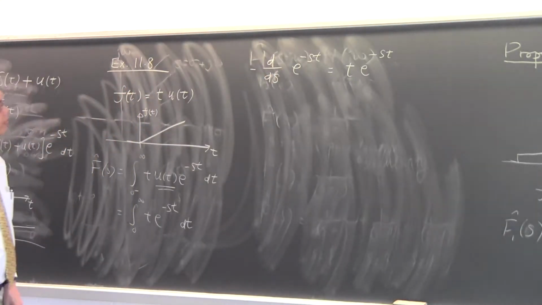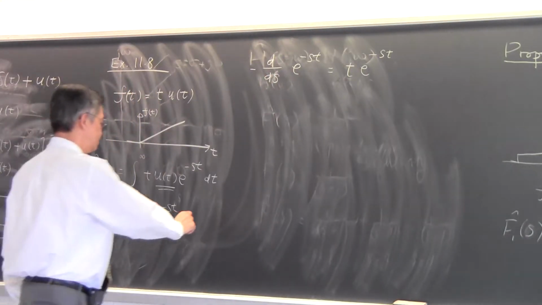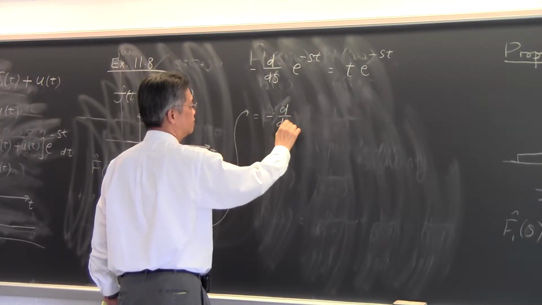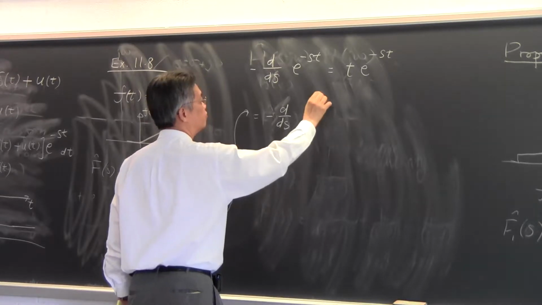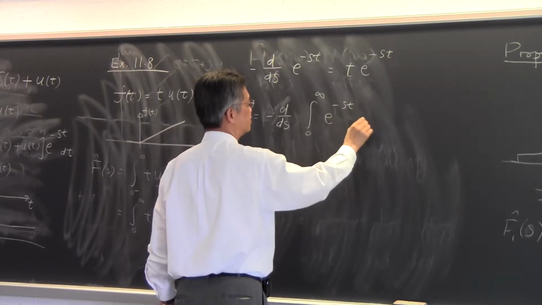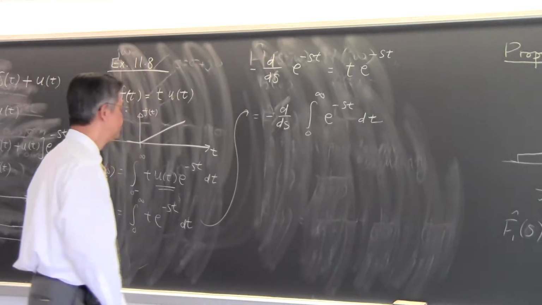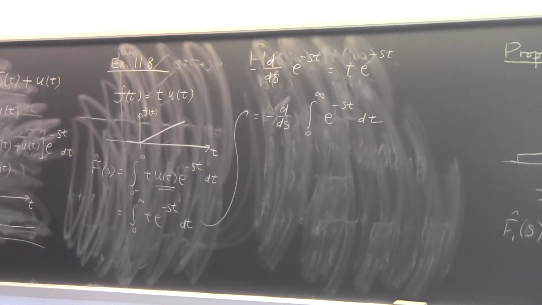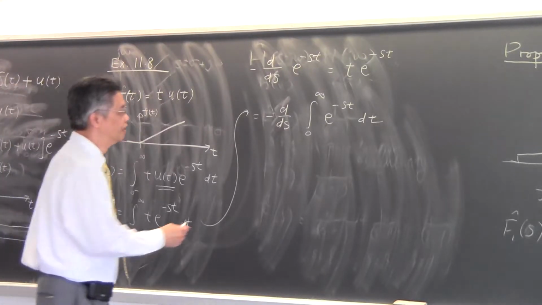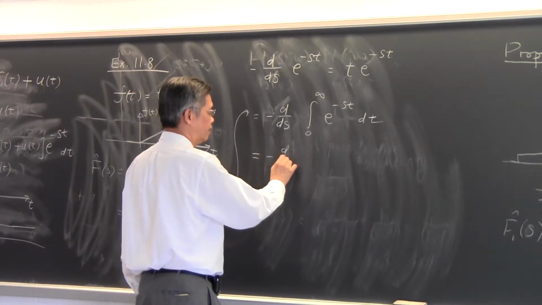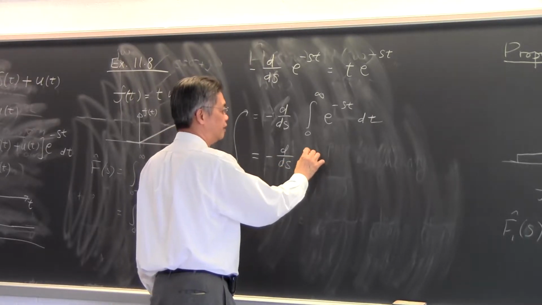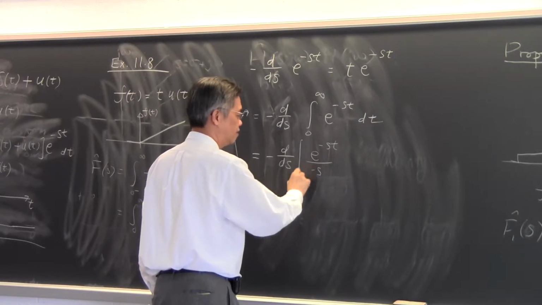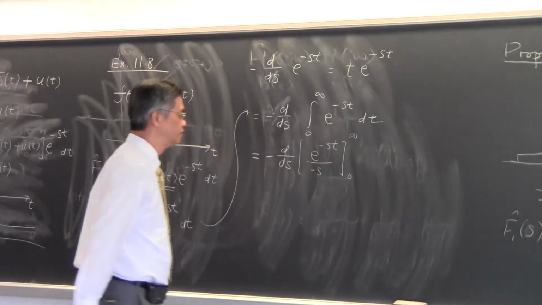Right? This is true. So I can replace this integration with minus d/ds of the integral from 0 to infinity of e to the minus st dt. Right? Because the derivative of the exponential function gives me the t e to the minus st. And then I can integrate the inner integral, and that gives me e to the minus st over minus s, from 0 to infinity.